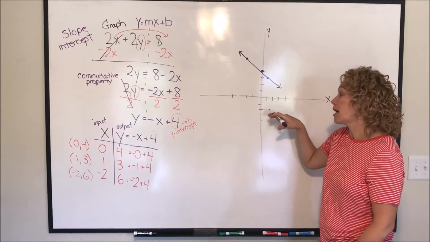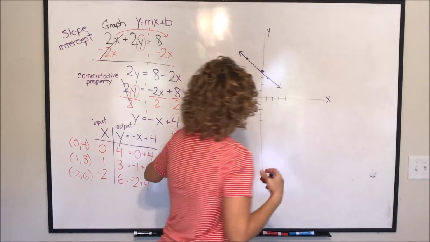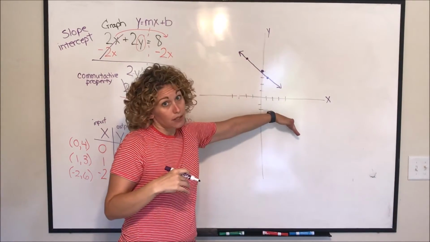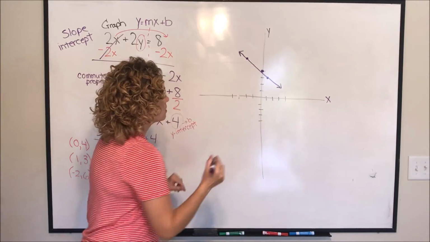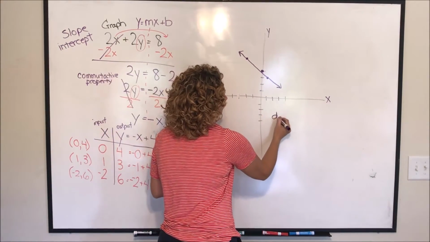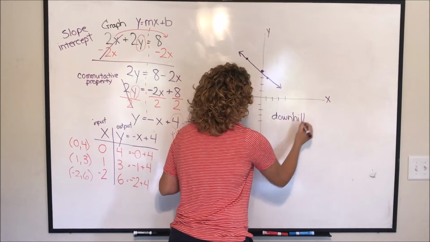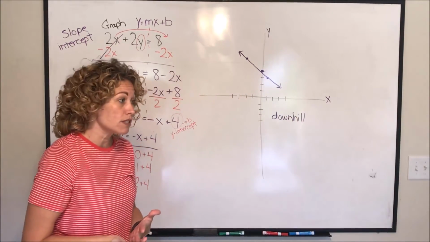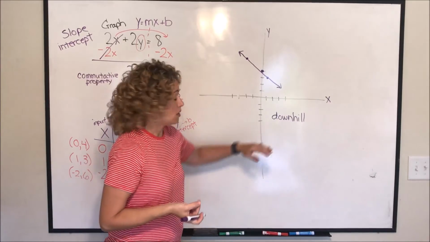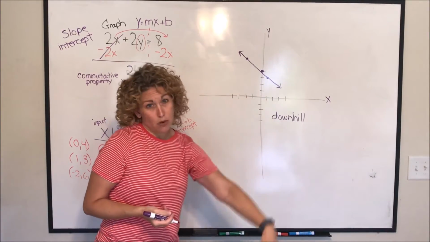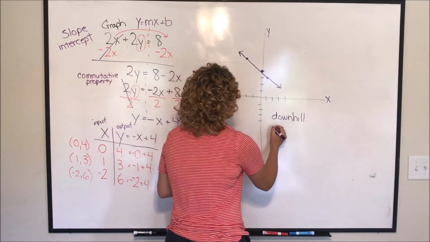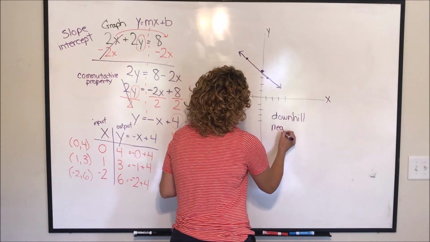Now, is this line going uphill or is it going downhill? It is actually going downhill. Because it is going downhill, is this a positive slope or a negative slope? Down usually means going towards the negative, so this is actually a negative slope.